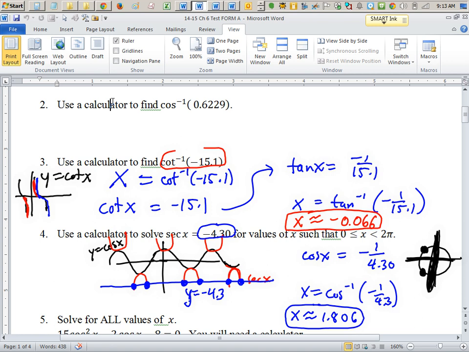So these would both have negative 1/2 for their cosine. In the same way, for cosine to be negative 1 over 4.3, which is like negative 0.2-something, you would have 2 points here, not 1. So if the first answer is theta, the other answer is 2 pi minus theta. So it's just a complete circle minus this arc.